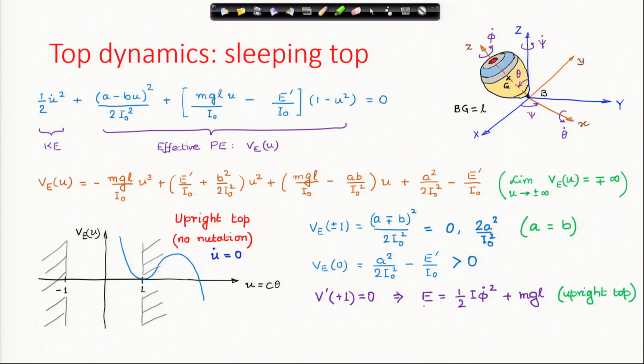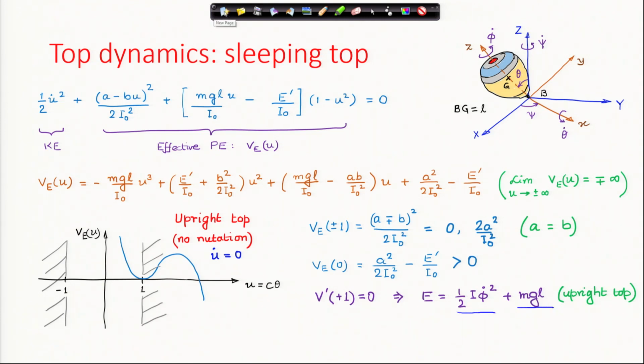The total mechanical energy must be equal to the spin kinetic energy plus the potential energy. Note that the potential energy is measured with the ground as datum, and when it is upright, the potential energy is really mgl, and it is only spinning, there is no nutation, there is no precession, therefore the kinetic energy expression is only half I times phi dot square. So, the top is completely upright, and this is the total mechanical energy.